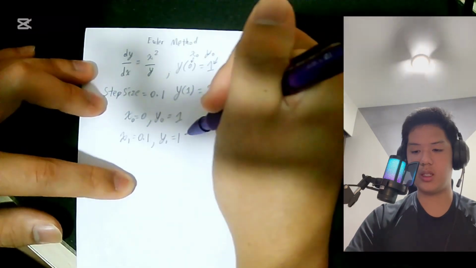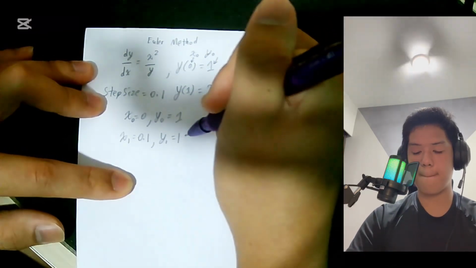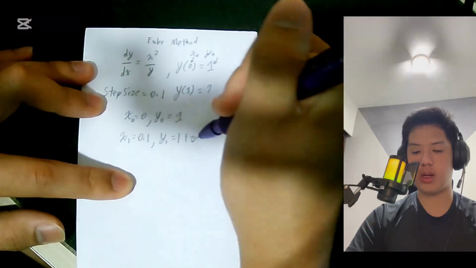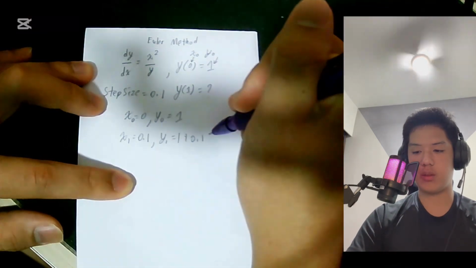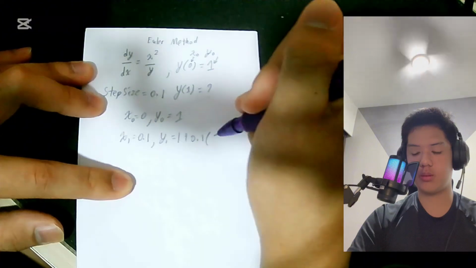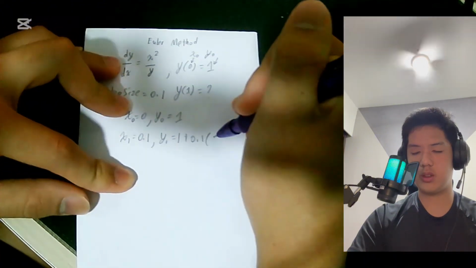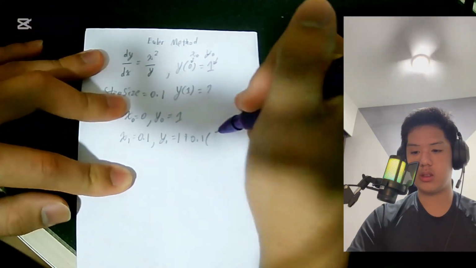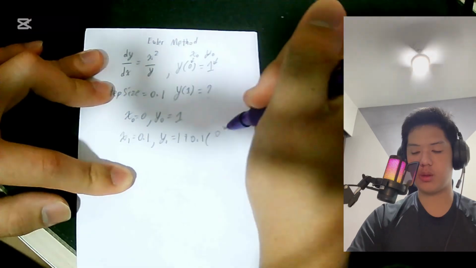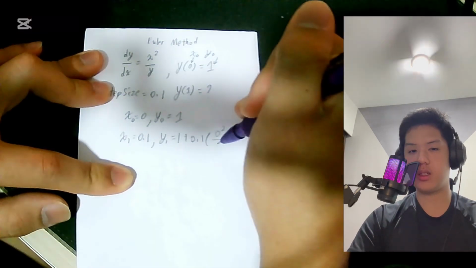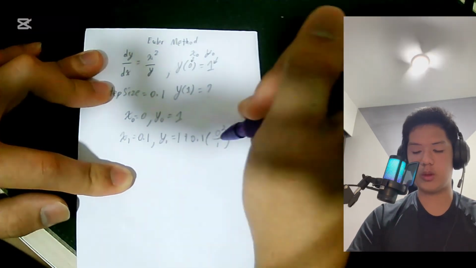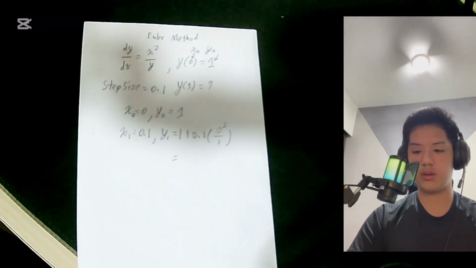So in that case, it will be y1 equals 1 plus 0.1 followed by x, which is previously 0, squared over 1, and this will give us a 1.